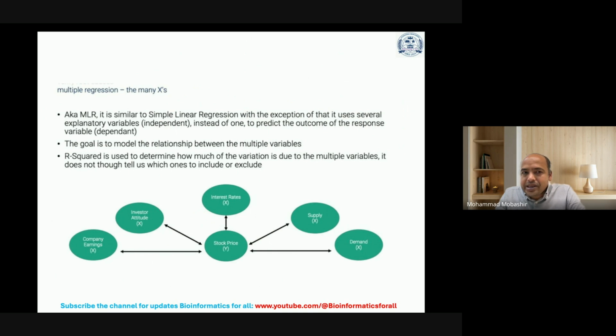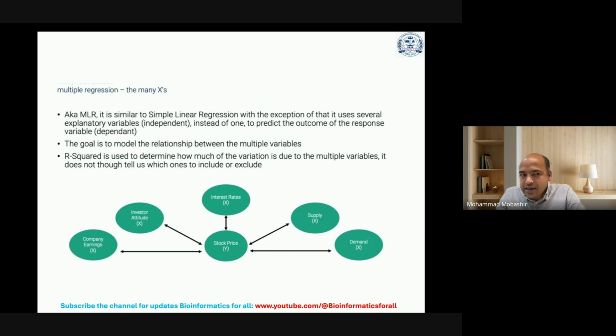Multiple linear regression is similar to simple linear regression, with the exception that it uses several independent explanatory variables instead of one to predict the outcome of the dependent response variable.